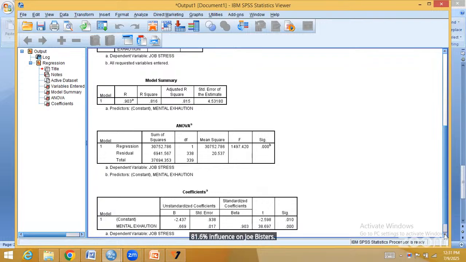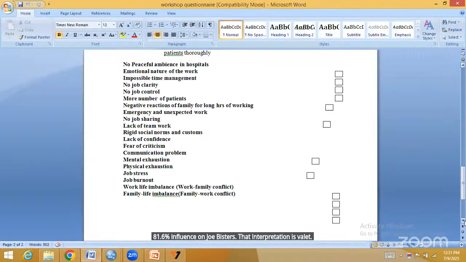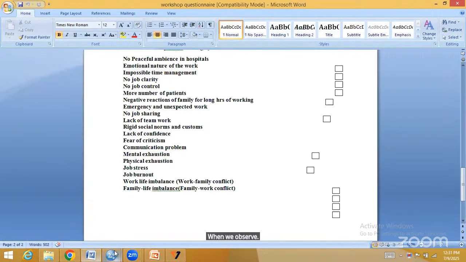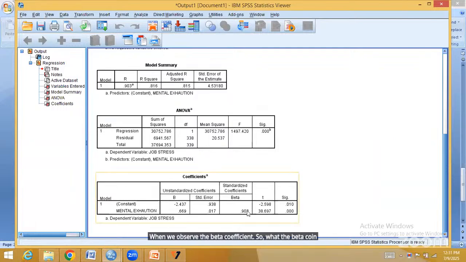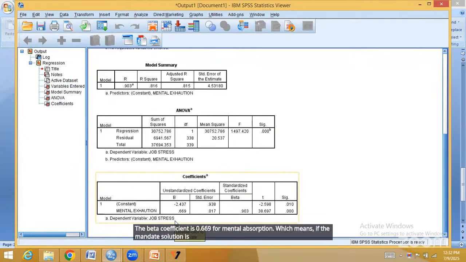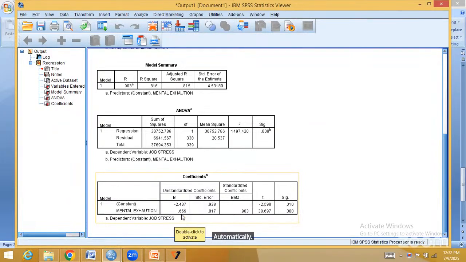That interpretation is valid when we observe the beta coefficient. So what does the beta coefficient tell? The beta coefficient is 0.669 for mental exhaustion, which means if the mental exhaustion is increased by 1 unit, automatically the job stress is increased by 0.669 unit.